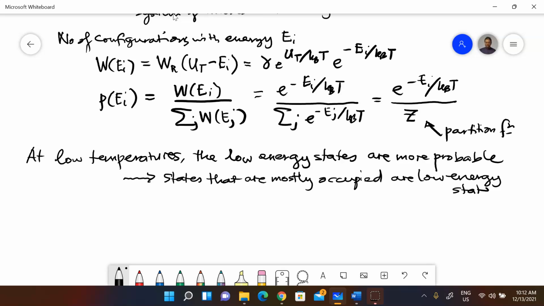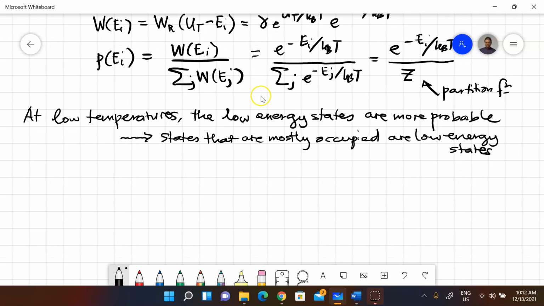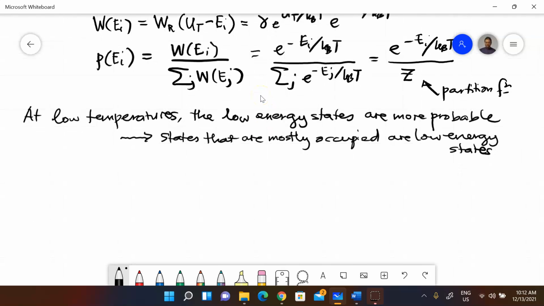So as you increase your temperature, as temperature increases, more high energy states get occupied.